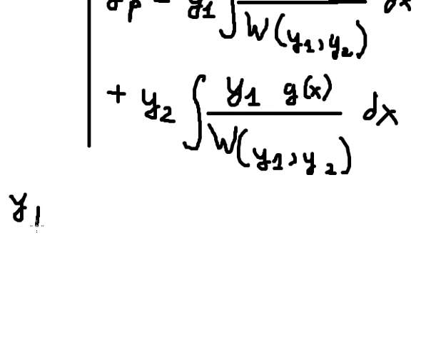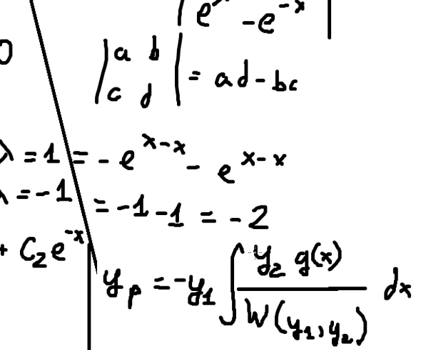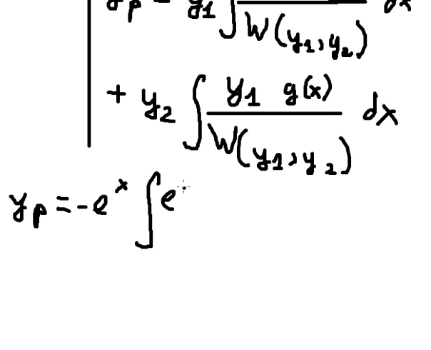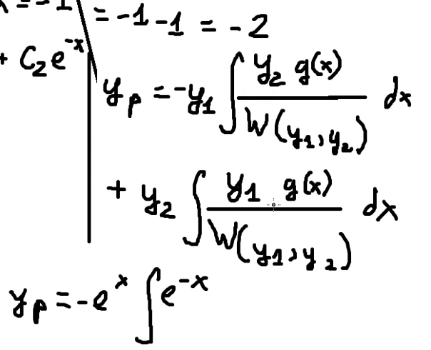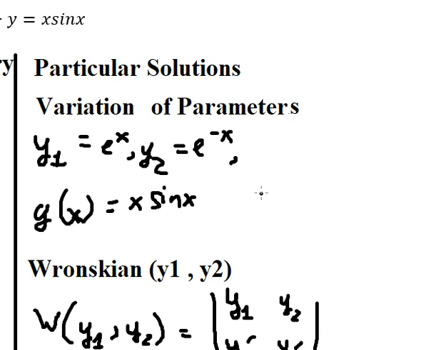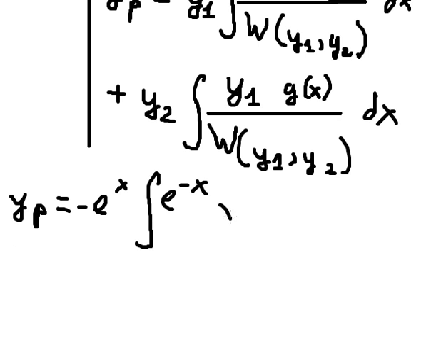So yp. So y number 1 we have e to the power of s. Then we have y number 2, e to the power of negative s. And then g of s, that is about this one. Then we divide by negative number 2.